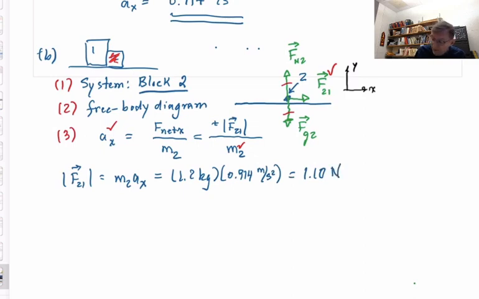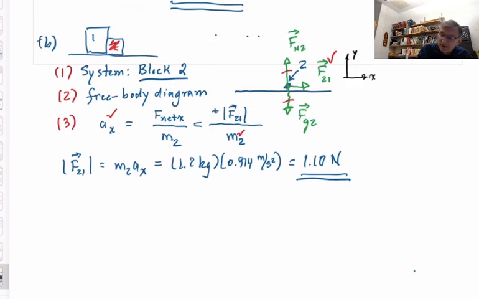So the magnitude of the force on 2 due to 1 is 1.1 newtons. And it's this force, F21, that is responsible for providing block 2's acceleration. Okay, that's part B. Not hard if you're systematic, right? Be careful. Now let me go on to part C, and I'll read it to you.